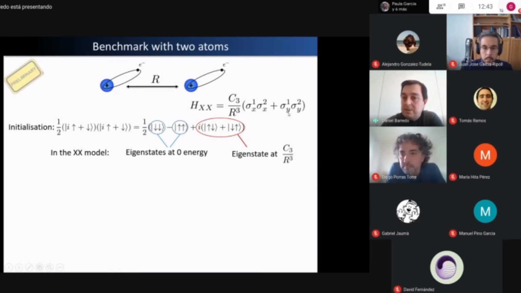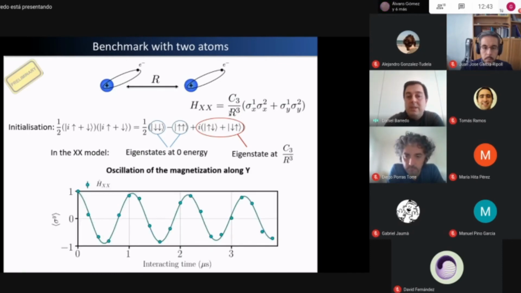This is again for the naturally implemented Hamiltonian xx. So when you measure the magnetization along y, what you are expecting to see is an oscillation, as we have measured, at the frequency of the eigenstate, that oscillates between 1 and -1.